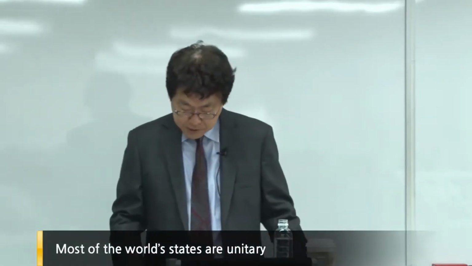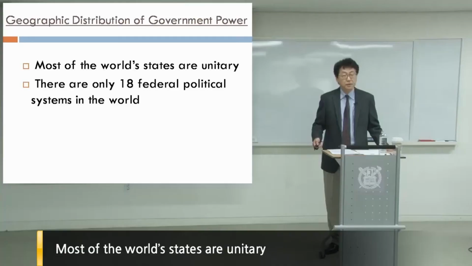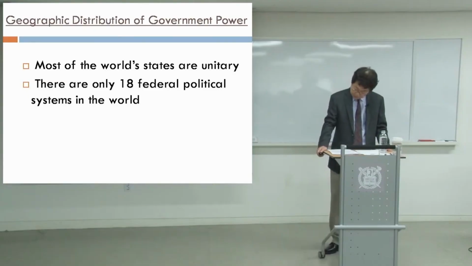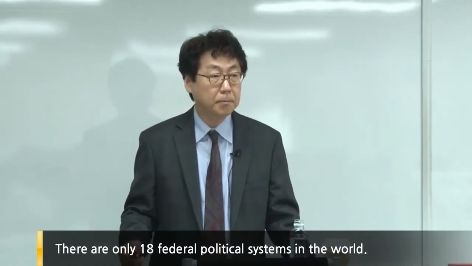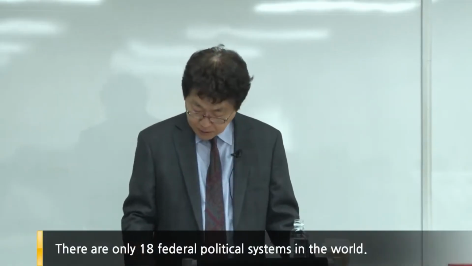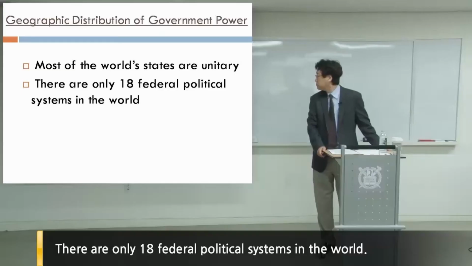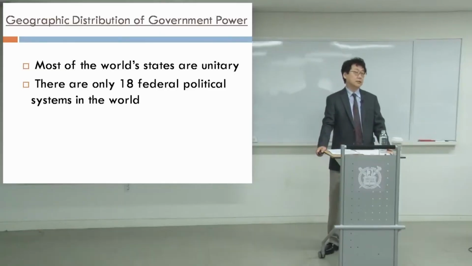Unitary, right? Most of the world's states are unitary. Most of them are unitary. And in fact, there are only 18 federal political systems in the world. So 18 federal, and the rest of the world are unitary.